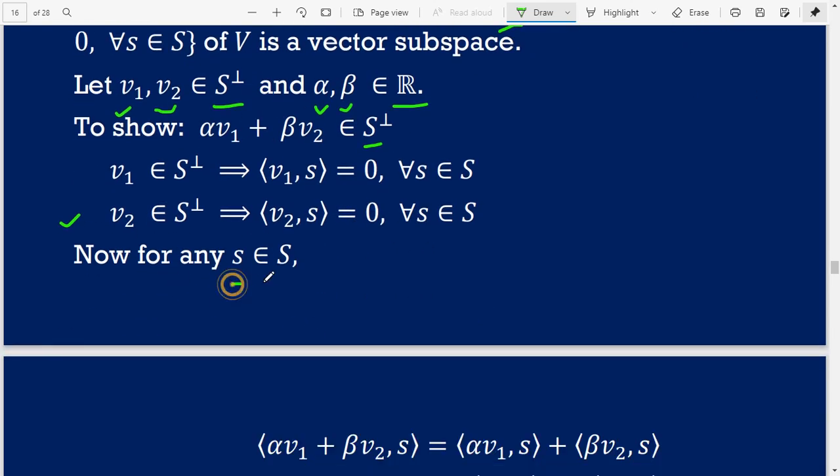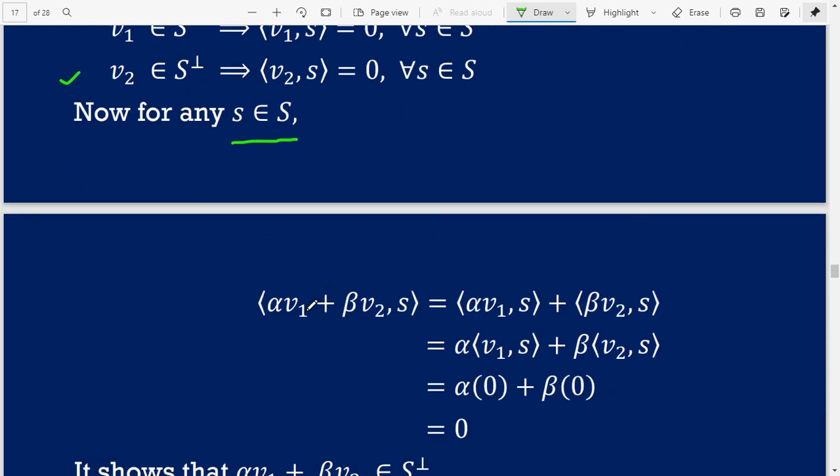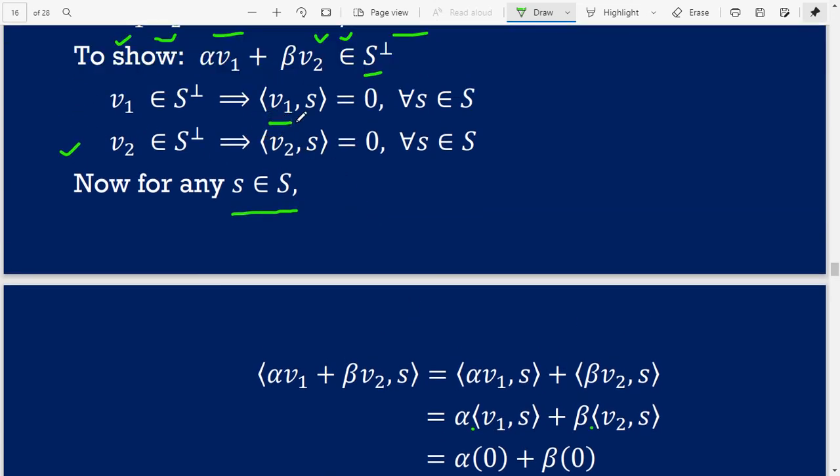Now for any S belongs to S, inner product alpha V1 plus beta V2 with S is equal to inner product alpha V1 with S plus inner product beta V2 with S. So alpha into inner product V1 with S plus beta inner product V2 with S. But inner product V1 with S is equal to 0 and inner product V2 with S is equal to 0.